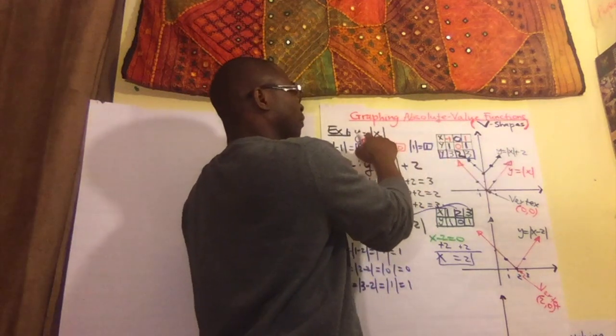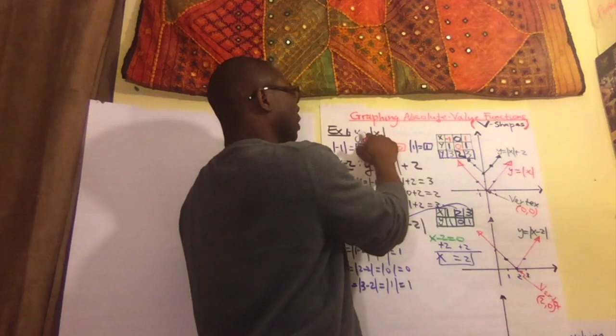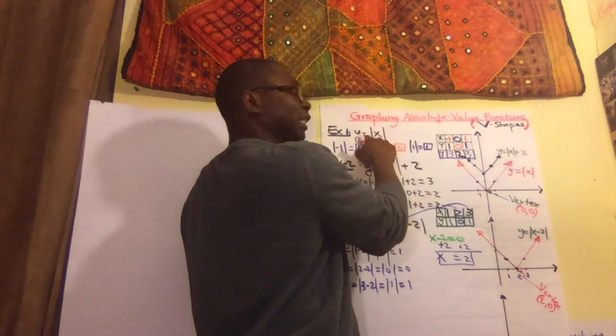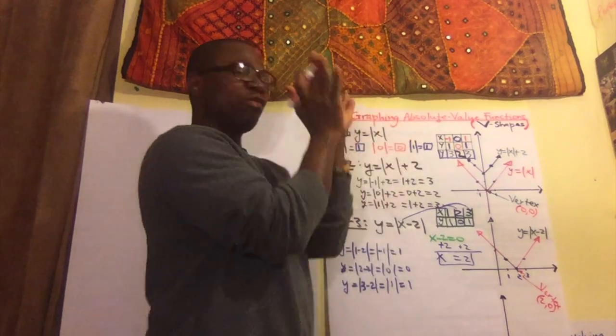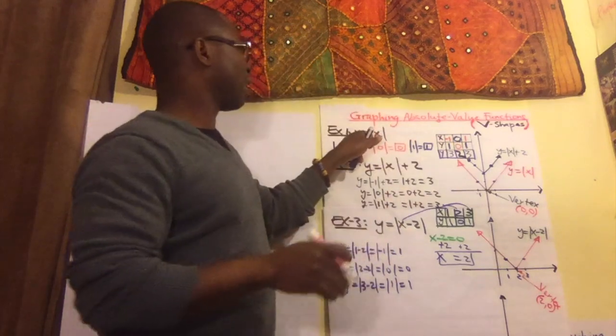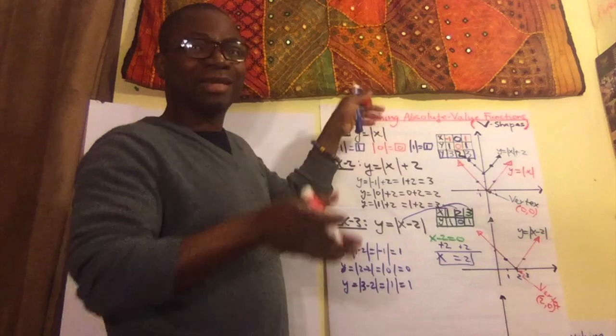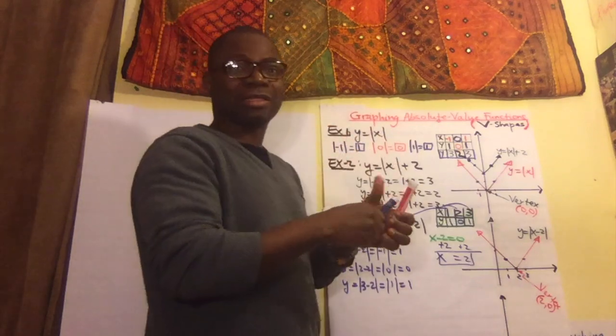Right here in front of the absolute value, if the value in front is positive, then our V is up. If there's a value here that is negative, then it's upside down. So I could just write this here and we could wrap it up.